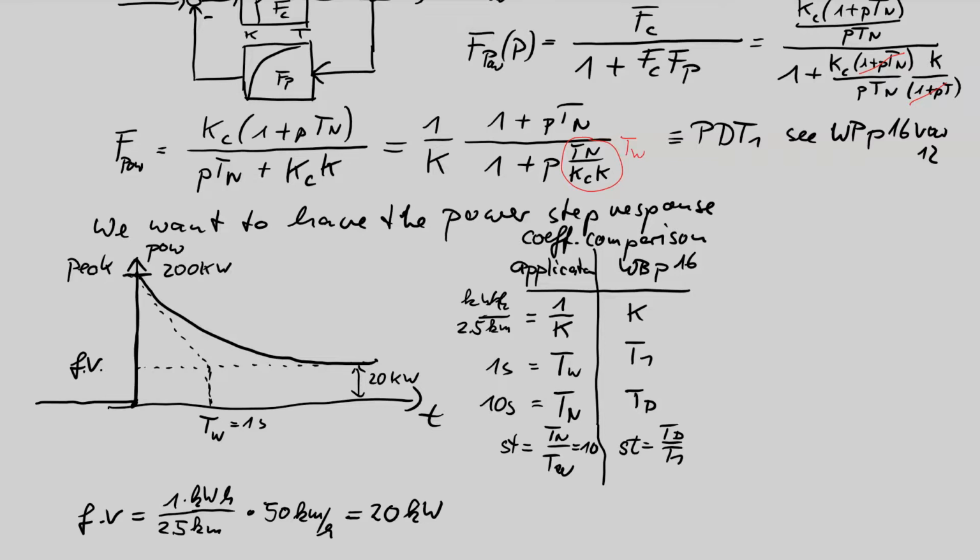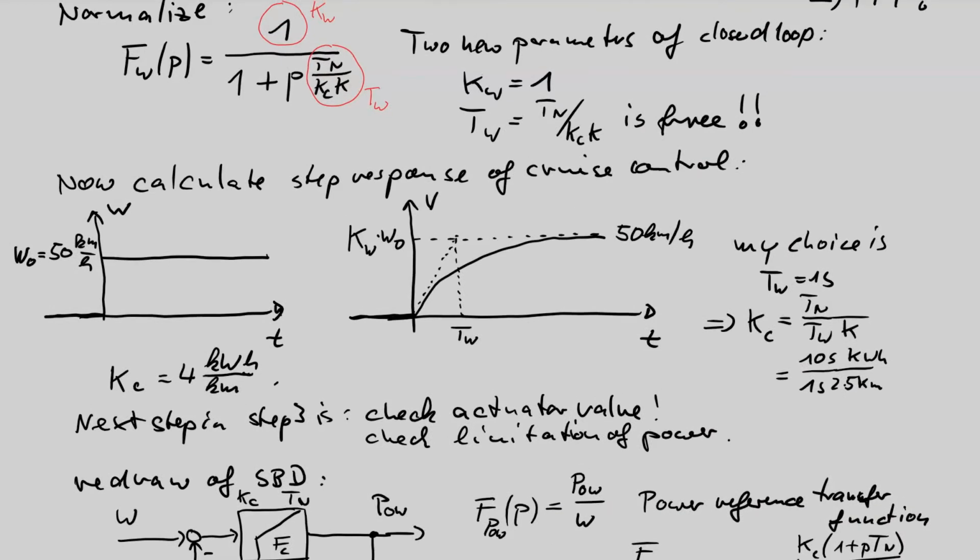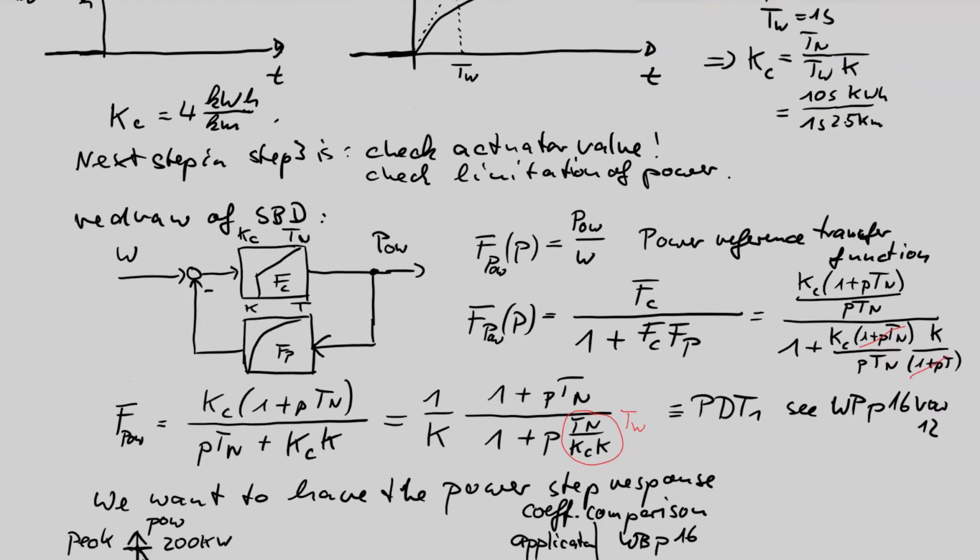The result of this discussion is very simple. If we set my time constant Tw to 1 second, this was my choice here, this leads to a Kc value of 4 times physical unit.